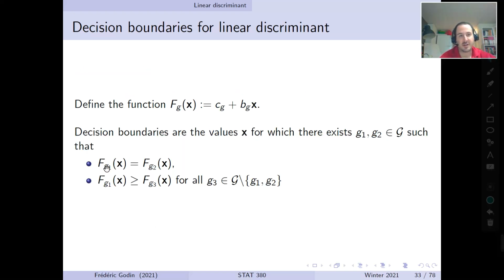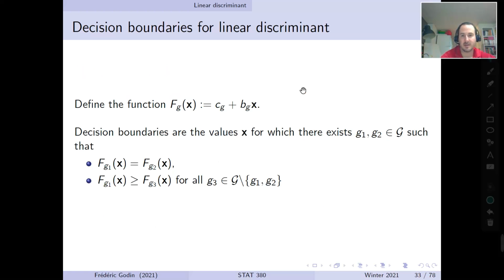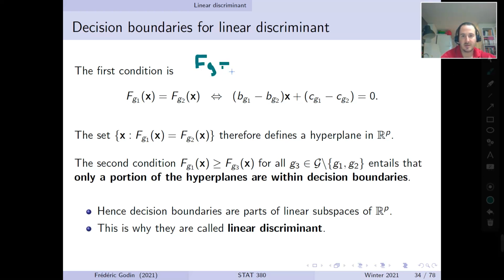The first condition, which means that you're indifferent between classifying into class G1 and G2, can be expressed as fg1 of x equals fg2 of x. Recall that if we go back one slide, fg is Cg plus Bg x. So let's write that fg is equal to Cg plus Bg x.